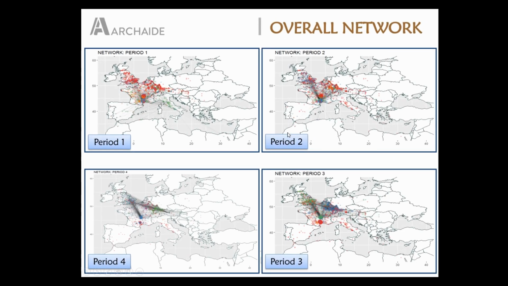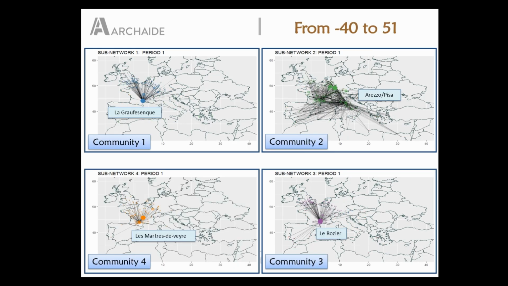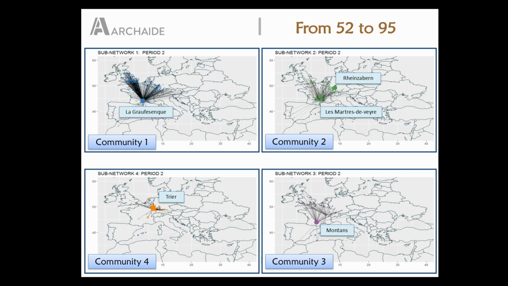This is the general overview of all the networks in four different periods, both with the application of the algorithm and with the application of the PageRank algorithm, and then to visualize the different steps of the production with the main sites in the four periods. So you are able to see how the production changes through periods.